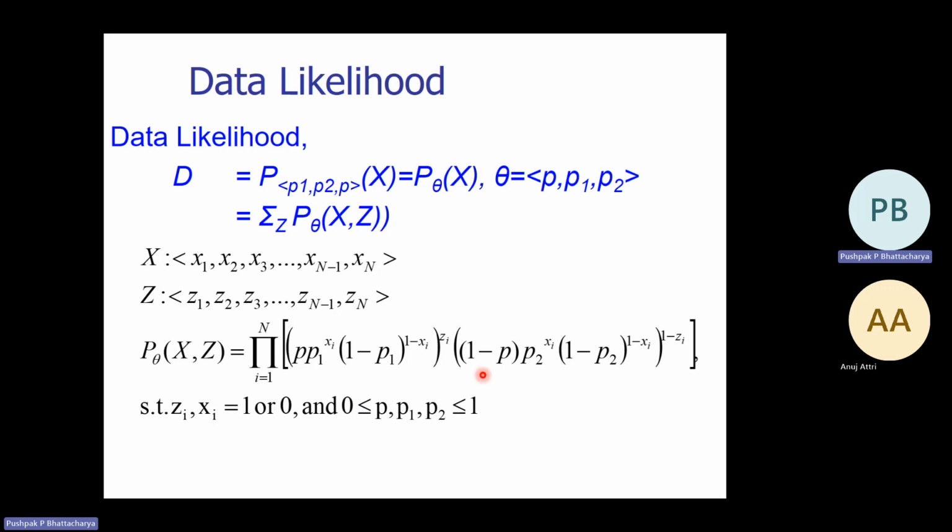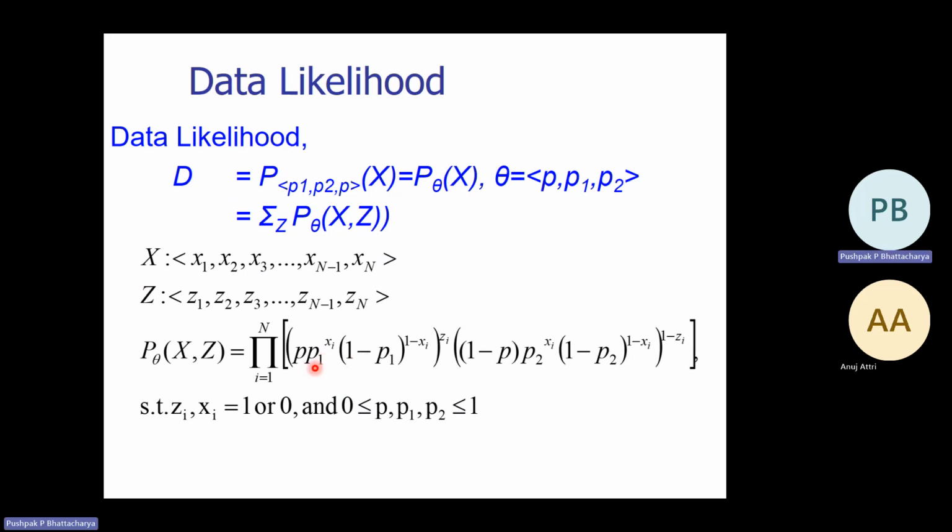This expression, though it looks a bit complex, is not so. If you think of it this way, i equal to 1 to n, this is for the indicator variables. The indicator variable is for each position. So the first expression, P1 to the power xi into 1 minus P1 to the power 1 minus xi, is for the situation involving the first coin.